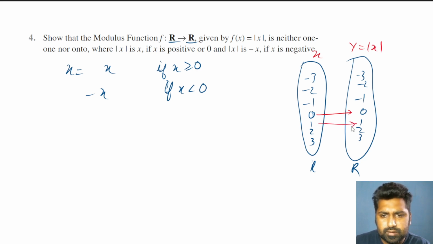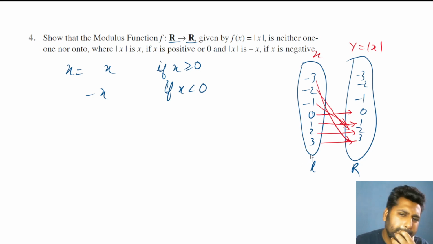Mod of 1 is 1, mod of 2 is 2, mod of 3 is 3, mod of -1 is also 1, mod of -2 is also 2, mod of -3 is also 3. So you can see this is not one-one, this is many-one. Many x have the same y.